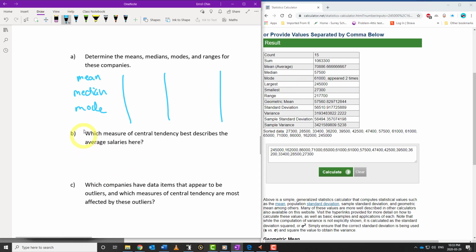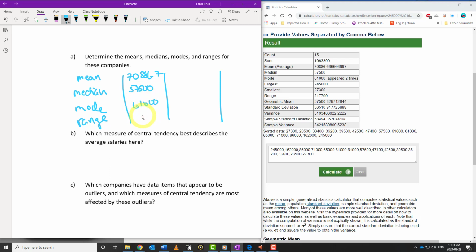So let's just write for the very first column. The mean is, of course, what looks like 7886.7. Again, apologize for my handwriting. Median is 57,500. Mode is 61,000.